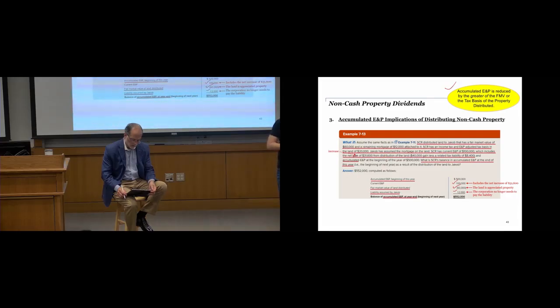Yep. So feel free to use the rule that accumulated E&P is reduced by the greater of fair market value or tax basis. Again, I would put on my economic hat here as well. I came into the year with 500,000. I made money of 100,000, which included the impact of that gain, net of the tax on the gain on the land. So that went up 100,000.